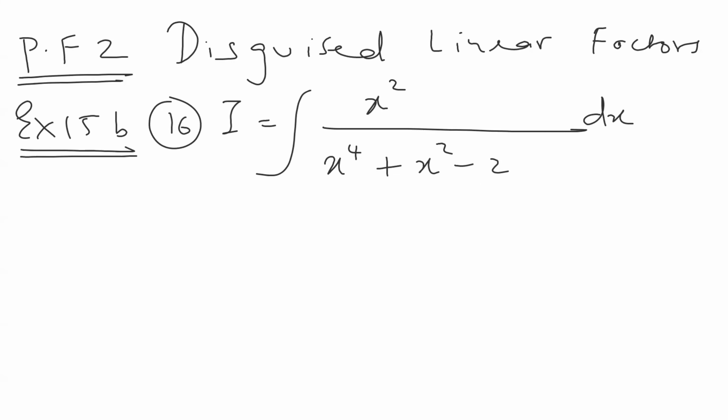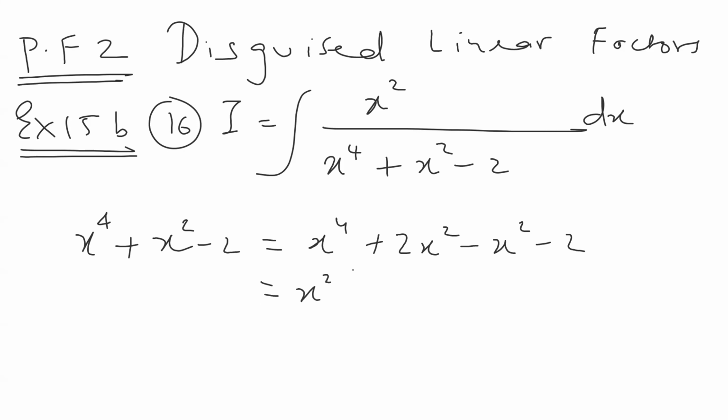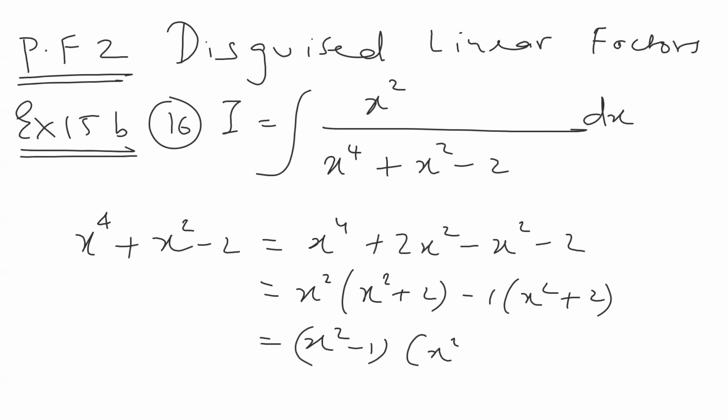Now, if you take a look at the denominator, we can factorize it. x raised to 4 plus x square minus 2 can be written as x raised to 4 plus 2x square minus x square minus 2. So x square plus 2 into x square minus 1 into x square plus 2. Okay, we can factorize the denominator.